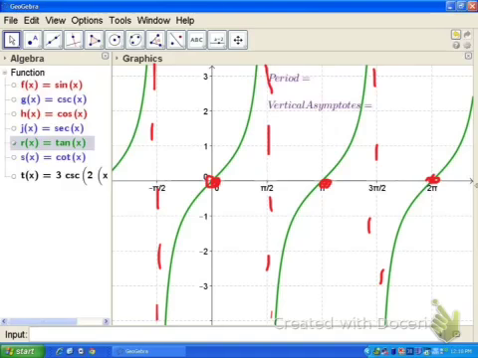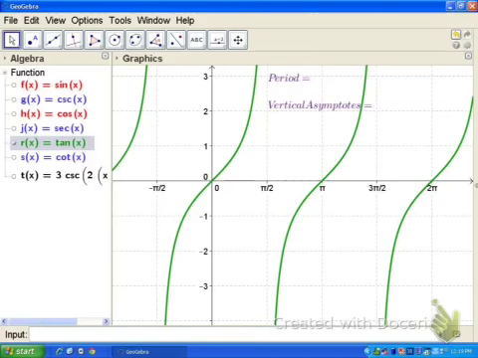And the last thing you want to notice is that the graph always rises from left to right. And it starts over again by rising from left to right. Now the period of tangent is a little different than the period of sine and cosine.